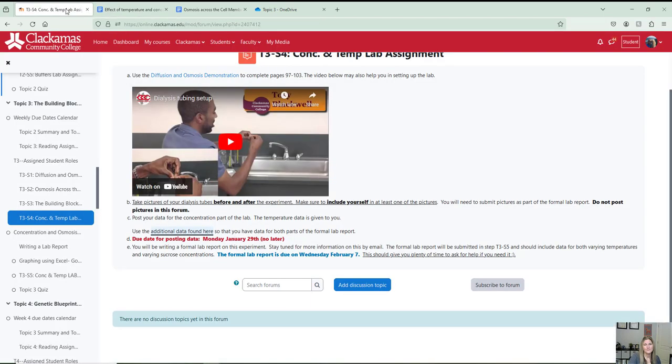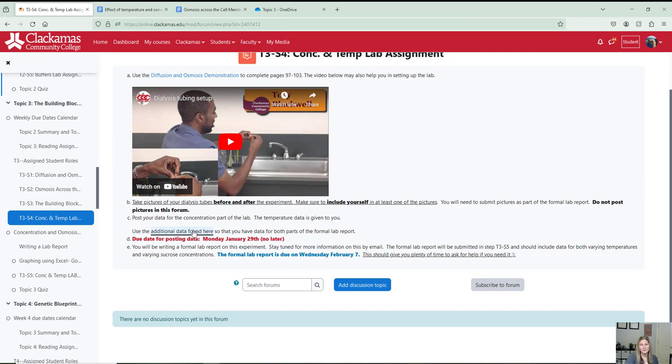Once you have collected your data, you are going to be posting that data. Even though this assignment is due on Sunday midnight, the latest you can post is Monday. You'll get a late penalty, but you can't post it anytime after that because students need your data in order to complete the lab report.